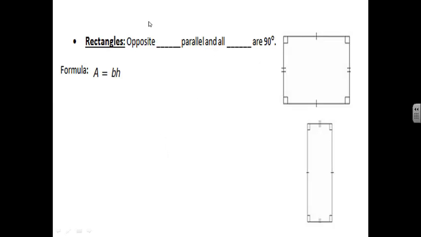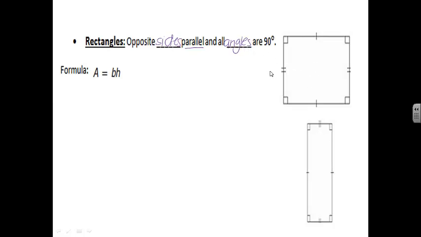The first thing we're going to talk about is rectangles. We've already gone over the characteristics or attributes of rectangles, but we're going to go over it again. In rectangles, opposite sides are parallel, and all angles are 90 degrees. So I put a 2 here.